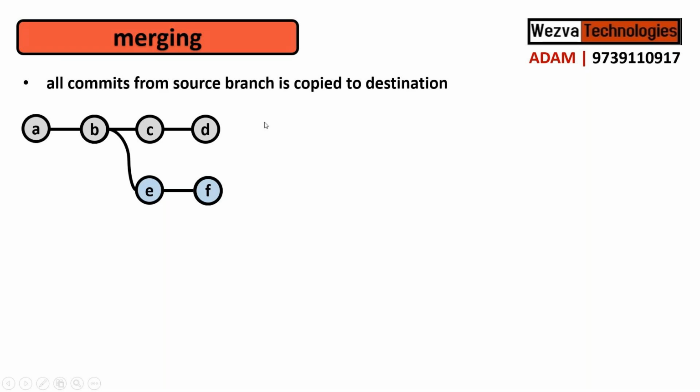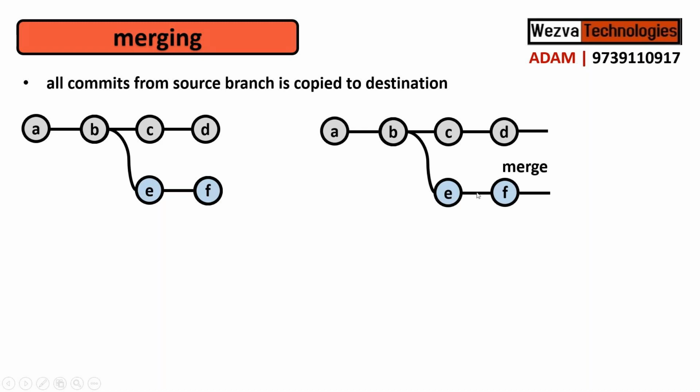So now, for example, I've been working on a new branch, and if I want the content of this branch to be merged to my main branch, then your release branch will be the source and your main branch will be the destination. And when you do the merge, what happens? Merge takes all the commit IDs that are available on the source branch and merges them to the destination branch. So in this example, you can see, suppose the main branch has these commit IDs called ABCD. Your release branch has these new commit IDs called EF.